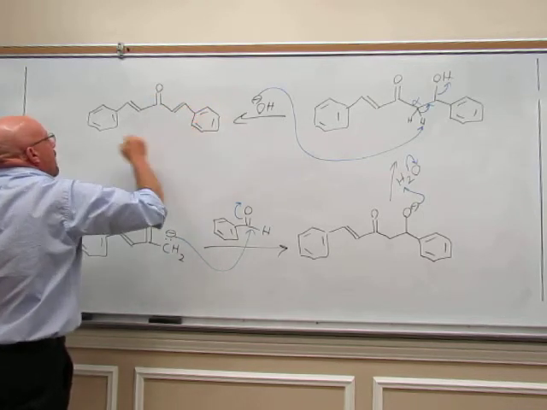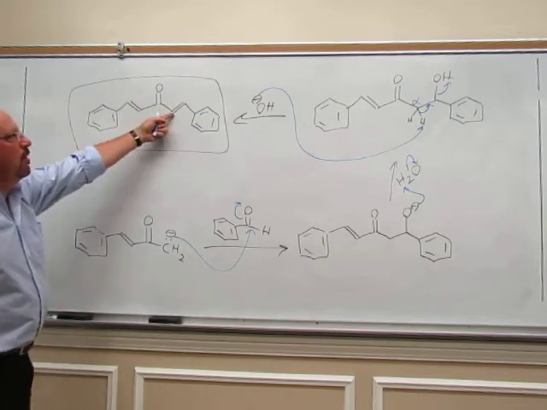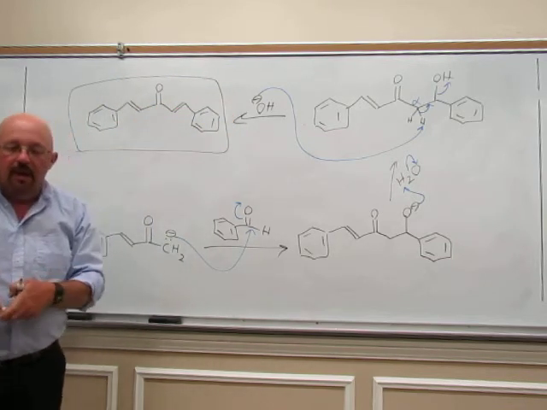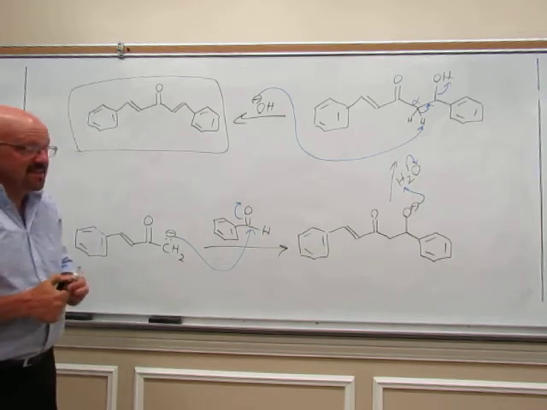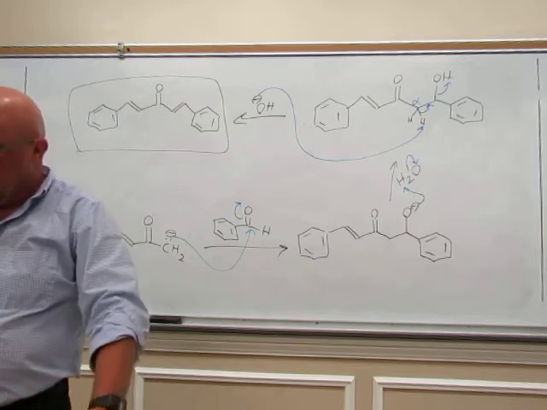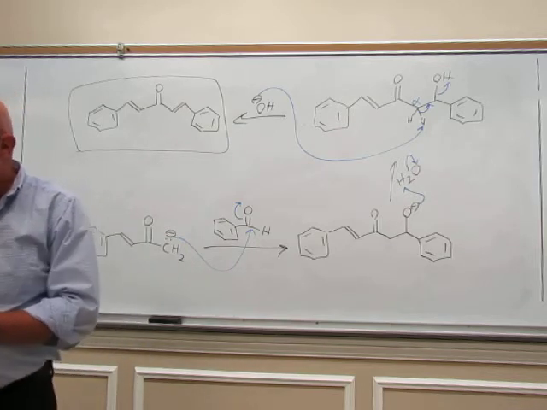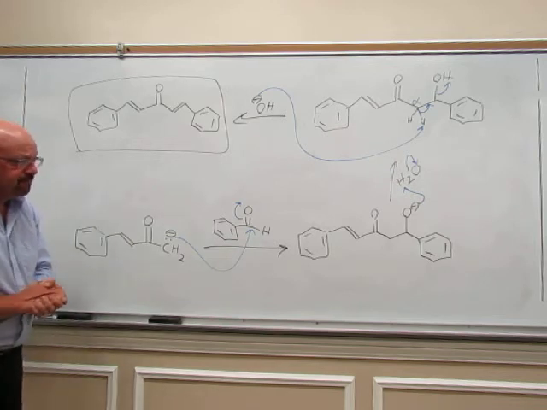And there is our final product. Again, we get the trans-trans. Both double bonds will be trans. If there were to be any cis that was formed, again, we are recrystallizing, and that will take care of any of the cis that might happen to form.